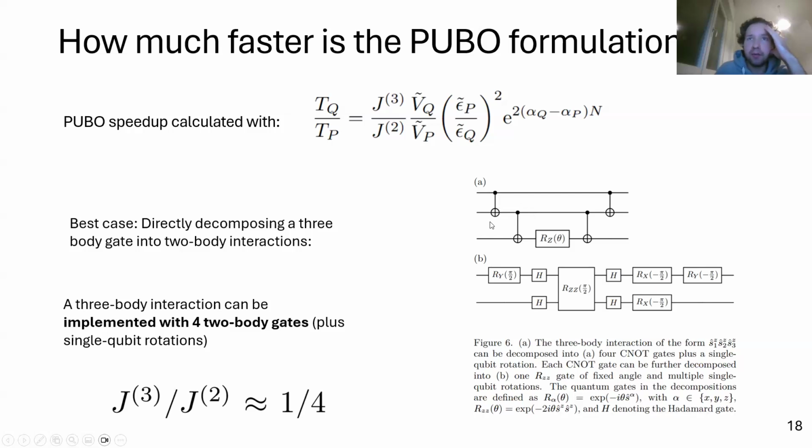But the main point is that for three-body interactions, we need 4 two-body interaction gates. So if we assume that single-qubit rotations are negligible in duration, then the ratio of J3 to J2 is approximately 1/4. And this is the value that we used for the calculations.